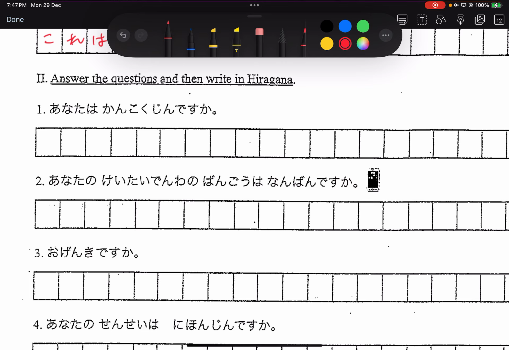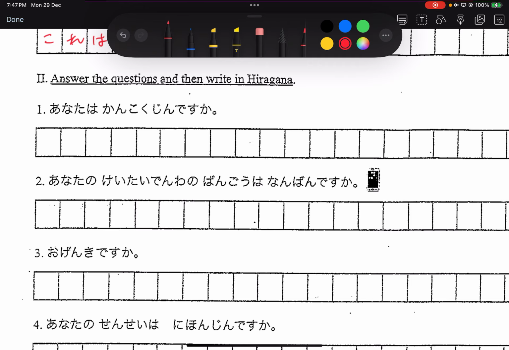Then you reply 韓国人. Then how to say not? ありません. Okay, before that there's two words, right? Before arimasen there's two choices. You can say では or じゃ. Alright? So いいえ、韓国人ではありません.